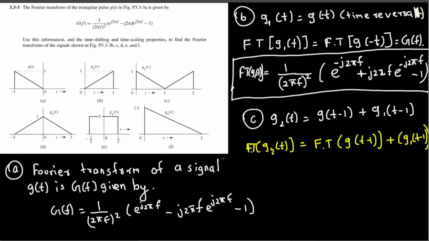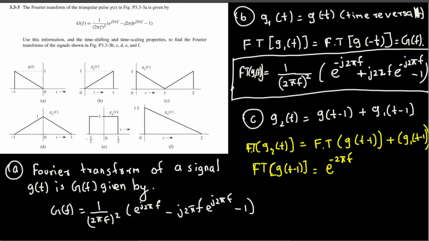So let's go ahead and find the Fourier transform of g(t−1). When you have a shift by 1 unit, you just put this equation, e^(−j2πf), which is equivalent to a shift by 1 unit to the right.